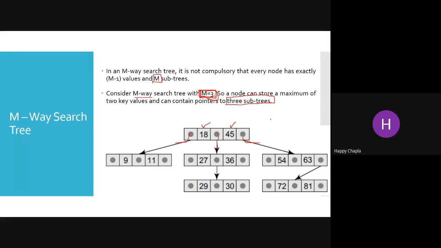Okay, clear? Till now, any doubt? Any student? What is m-way tree? See, I am asking everyone.